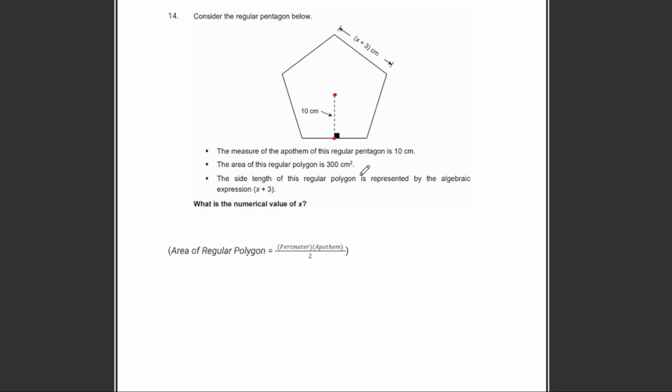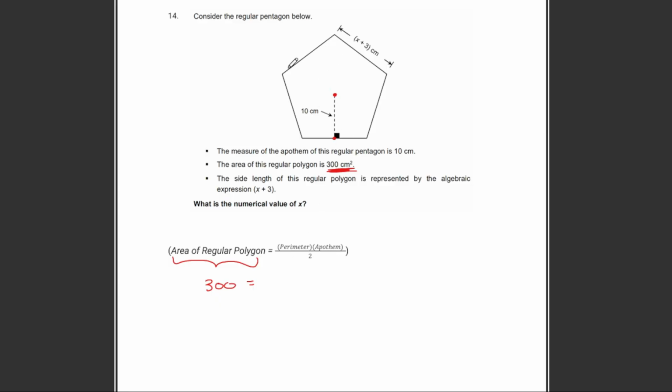Okay, so remember the area of a regular polygon, the formula for that is perimeter times apothem divided by 2. Let's fill out what we know, okay? Because luckily they already gave us that equation. They set it up for us. So the area of the regular polygon, we know what that is. That is 300, so let's put that right there, equals the perimeter. What is a perimeter?